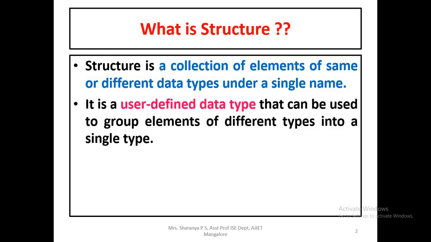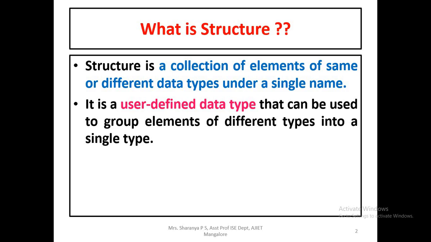So this structure is a user-defined data type. That is, the user, based on their requirement, defines it. That's why it is called a user-defined data type, and it is majorly used to group elements of different data types into a single type.